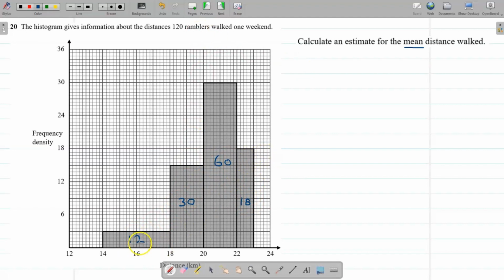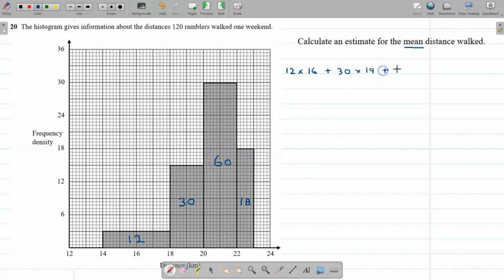Now, what we're going to do is we're going to use the midpoint idea. We're going to say that these 12 people, on average, walked a distance of 16 kilometers. So we've got 12 times 16, plus, well, we've got 30 times the average of those two, which is 19.